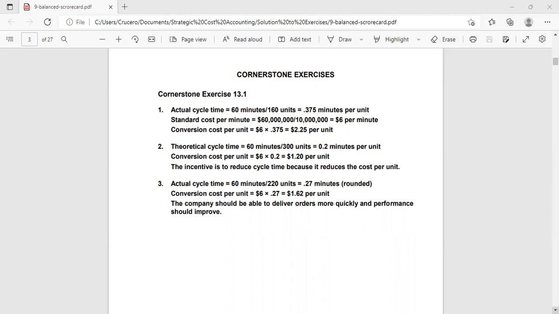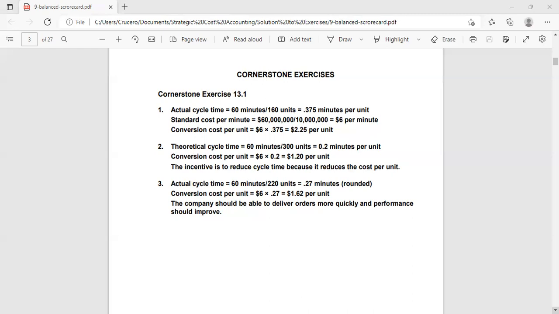Requirement 1, calculate the actual conversion cost per unit using actual cycle time and the standard cost per minute. The actual cycle time is 60 minutes divided by 160 units, which is 0.375 minute per unit. Standard cost per minute is $60 million divided by 10 million, which is $6 per minute.